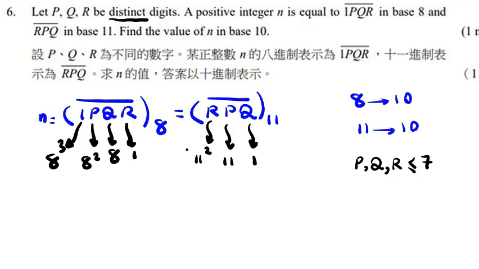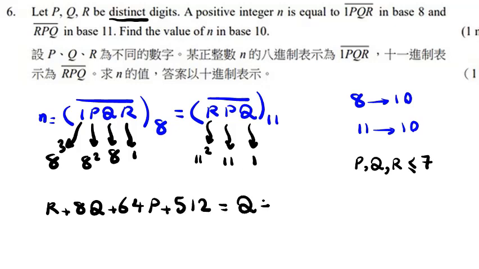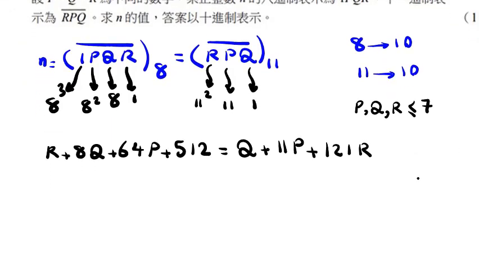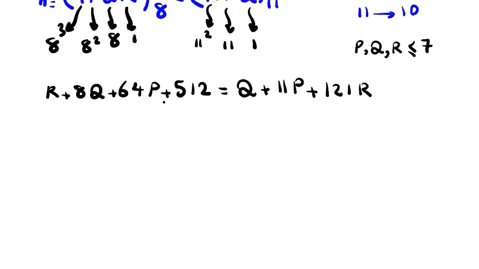Okay, so let's calculate the first one. R plus 8Q plus 8 squared is 64P. 8 cubed is 2 to the power of 9, which is 512. Here, Q plus 11P plus 11 squared is R. Okay, now we want to simplify. 8Q, we have 7Q here.